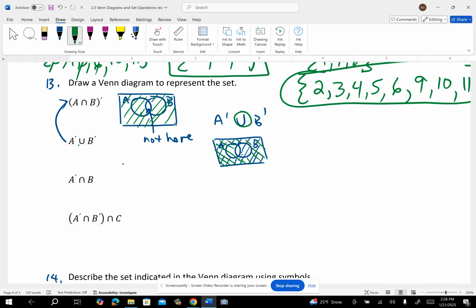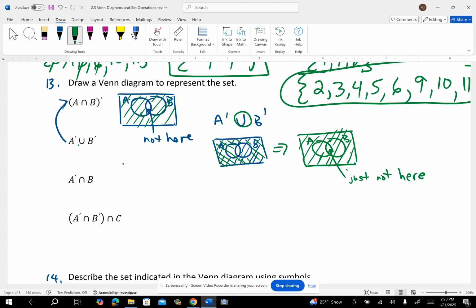So that means I want anything that has any shading whatsoever in it. So if I look at that carefully, the only place that doesn't have any shading is right there in the middle. So you want everything shaded except right there, just not here.